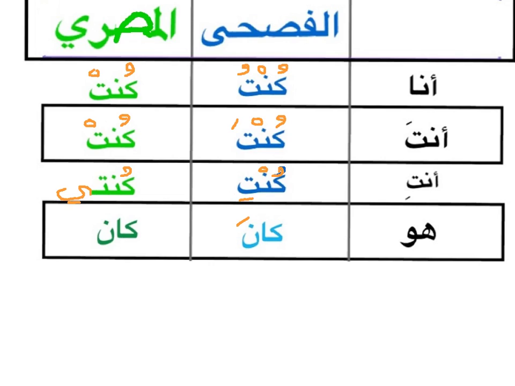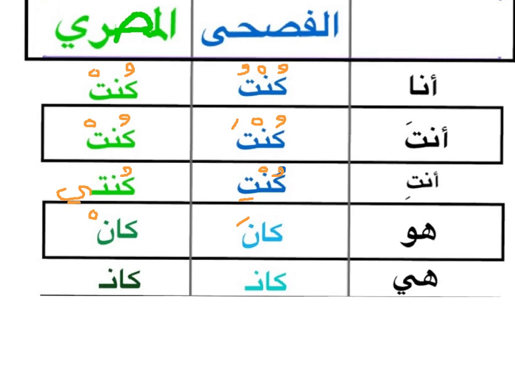And in Masri, هو كان. Did you notice? كان with a fatha and كان with sukoon. هي كانت. هي كانت because it's a feminine pronoun. هي كانت. And هي كانت in Masri. كانت with kasra and sukoon. Notice كانت and kasra كانت.